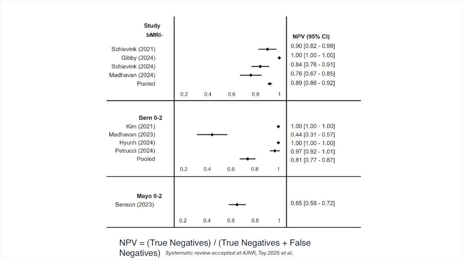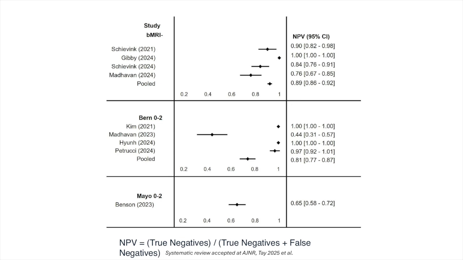Ultimately, what we found, if you look here, is the negative predictive value of these scores and studies. If you take the 4 papers with the MRI categorized based off of entirely negative or any positive signs, if there's an entirely negative MRI, 90% of those patients did not have a CSF venous fistula. So the predictive value was pretty high, 89%.